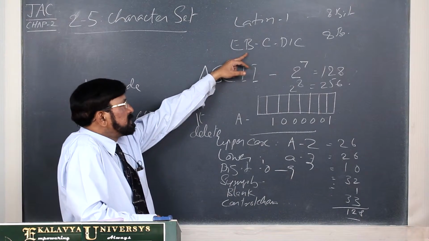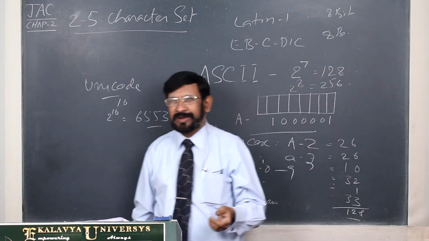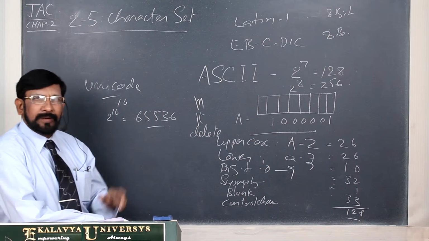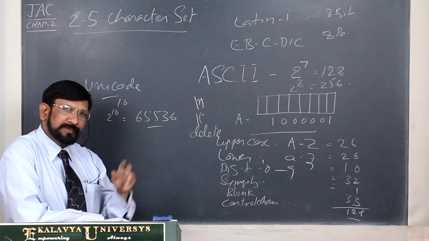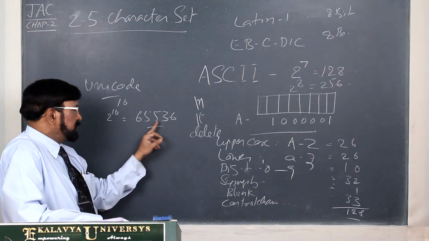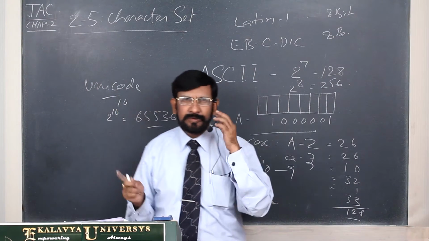EBCDIC and Latin 1 support 256 characters, whereas Unicode takes 2 bytes. 2 bytes means 16 bits, 2 to the power of 16. Totally 65,536 characters can be created using Unicode.